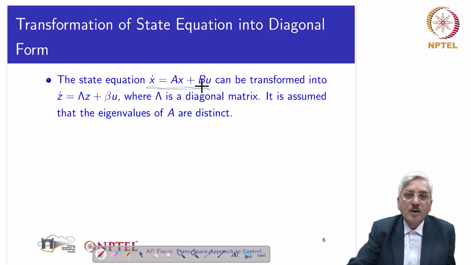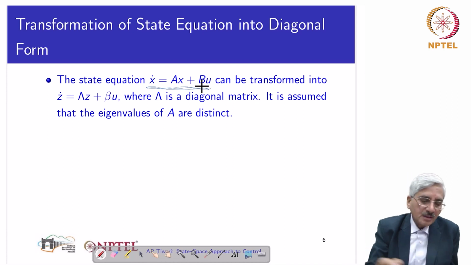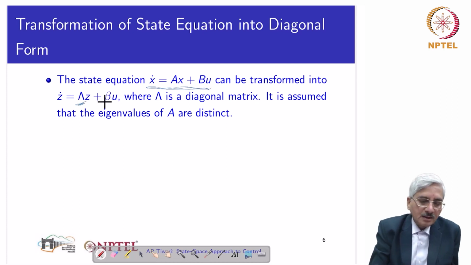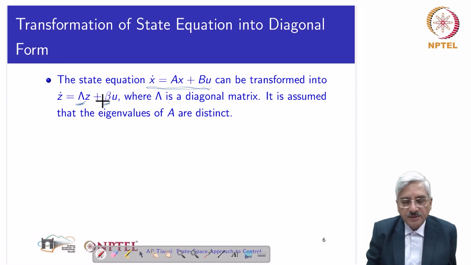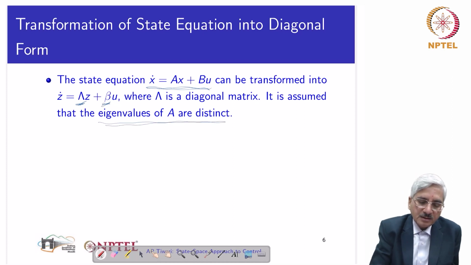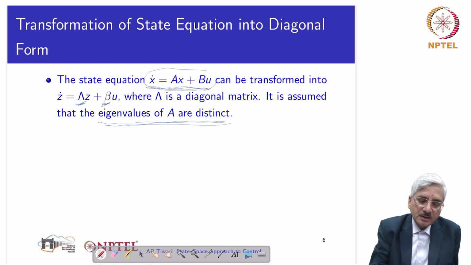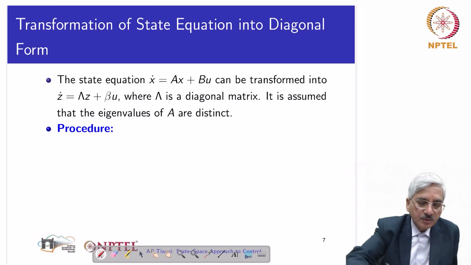And we want to transform it to a new basis, a new state vector z, where the system matrix is lambda, in diagonal form, and the corresponding input matrix will be beta, of course. This can be done only when the eigenvalues of the matrix A are distinct. So we assume that the eigenvalues of the system matrix A in the given representation are distinct. With that, we proceed, and the procedure goes like this.